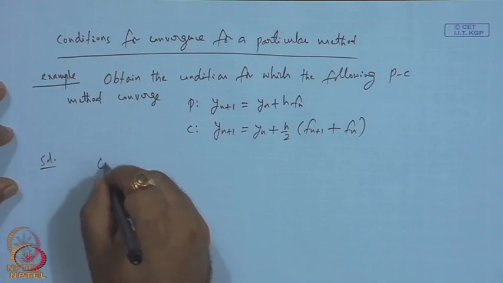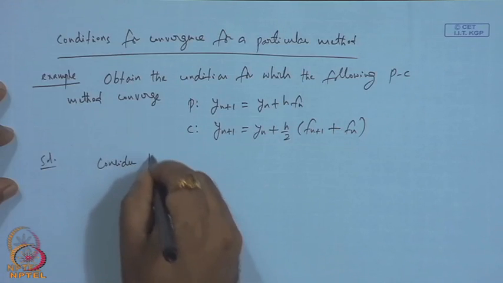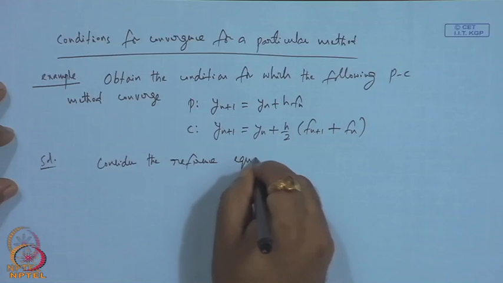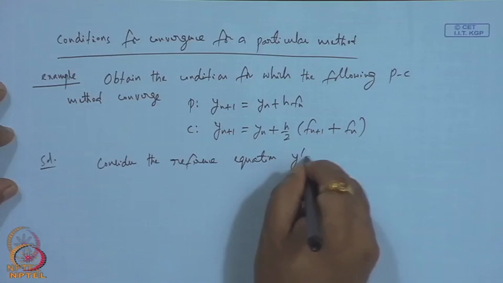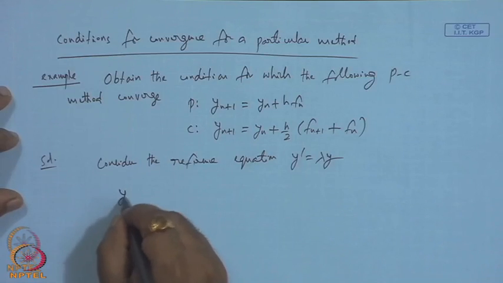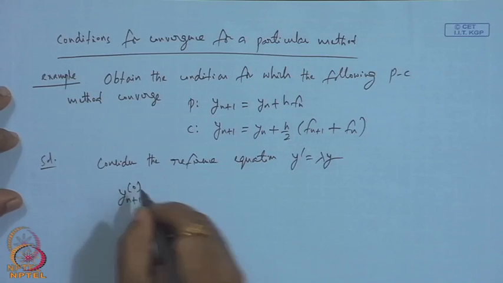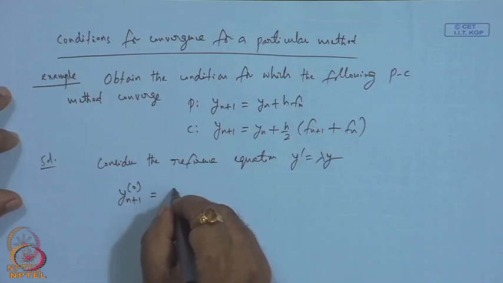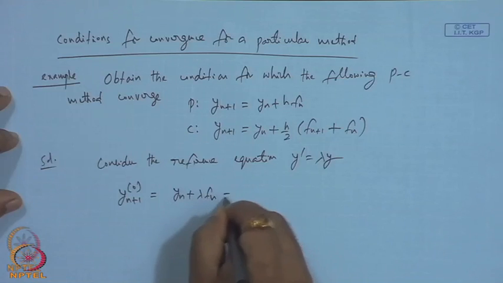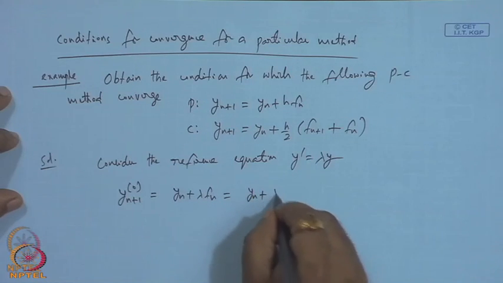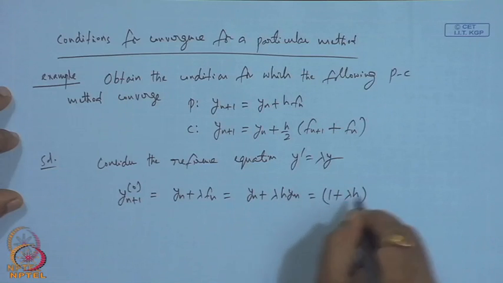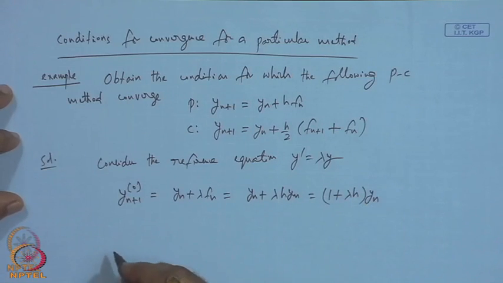So, we consider the reference equation. This reference equation, then prediction gives y n plus lambda f n. So, this will be, okay.